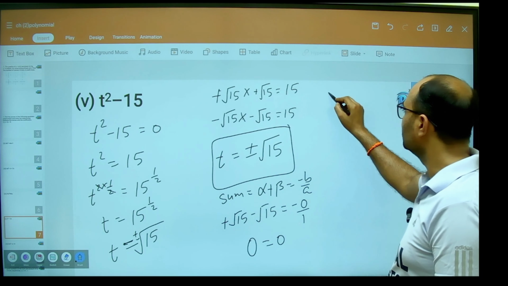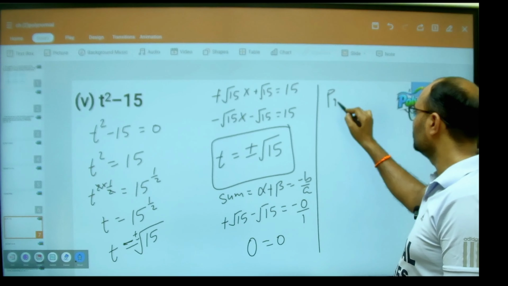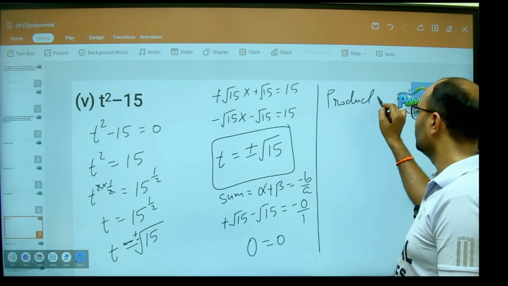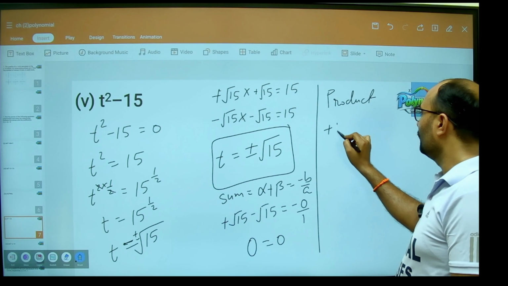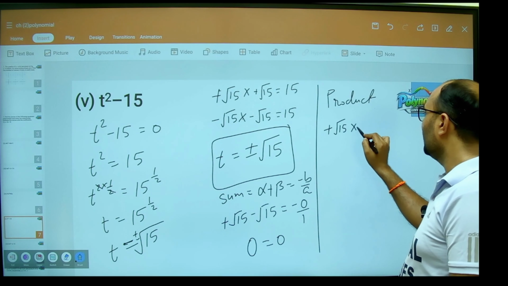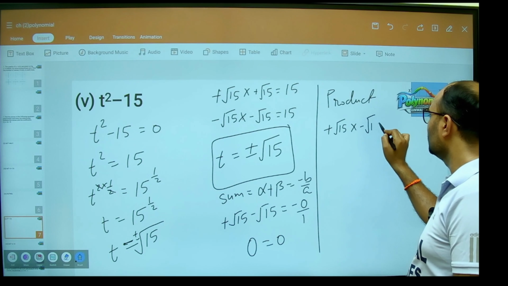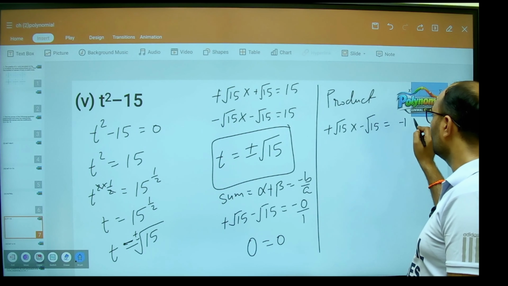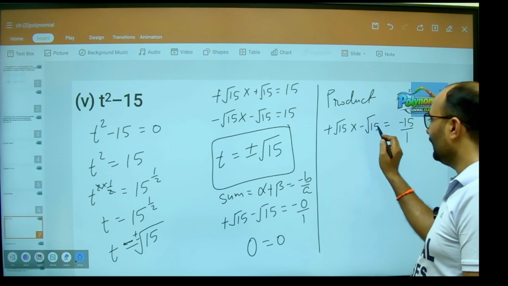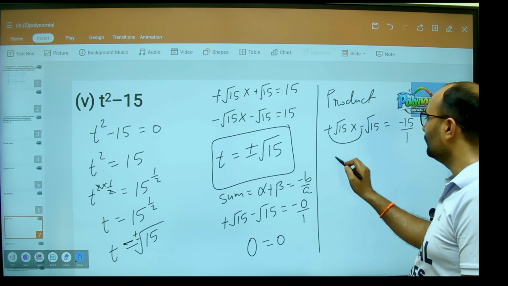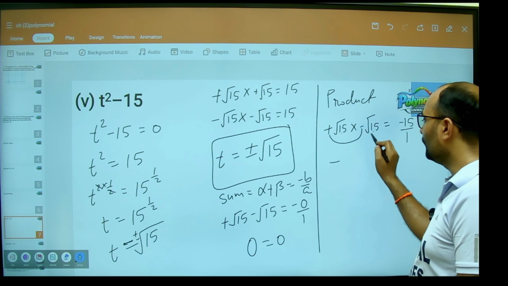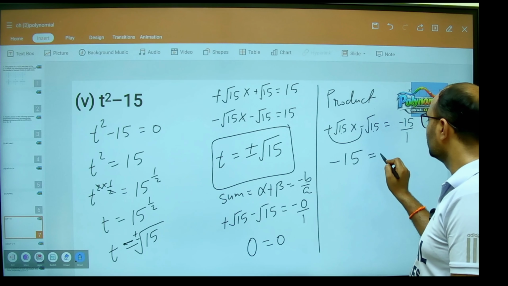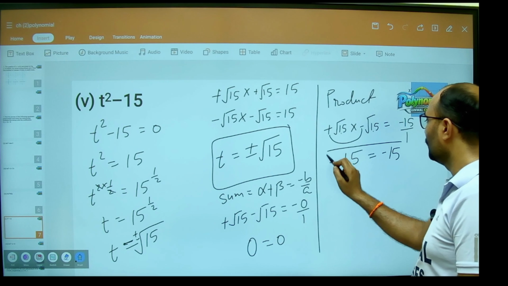Product: plus root 15 multiply minus root 15. C upon a, C is minus 15, a is 1. When you multiply them, positive and negative, negative. Root 15 to root 15, 15. Note down first.